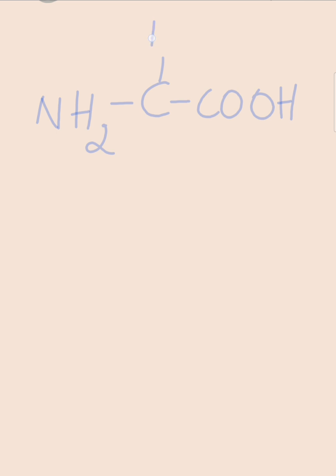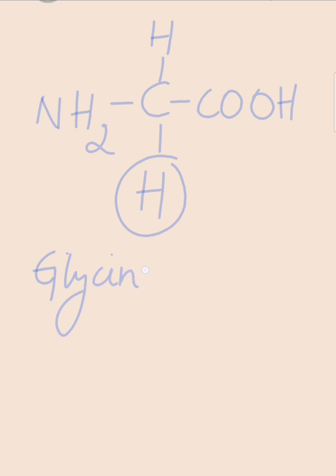So this is the backbone, and in place of R, which at first I used to write, I'll replace it with H. So instead of R, I've replaced it with H. This particular amino acid is known as glycine. This is the simplest and the most flexible amino acid found.